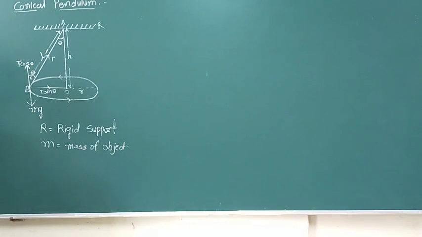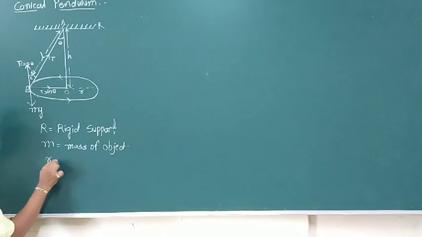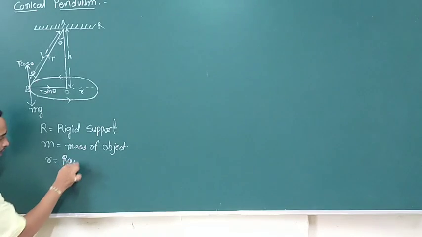Now see here. Let R be the radius of circle.